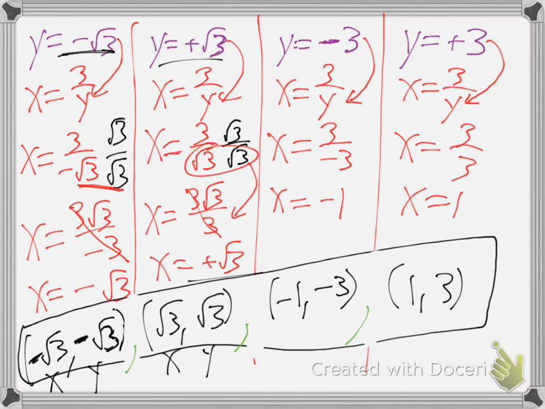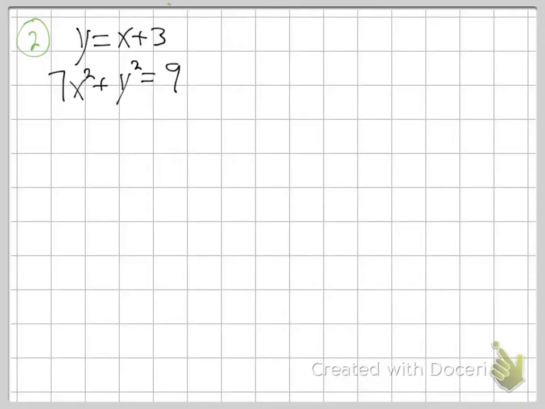Is that good? You doing okay on that? That makes sense? No questions? So big old mess, huh? Couple steps. So you grab this and you plug it in for y.